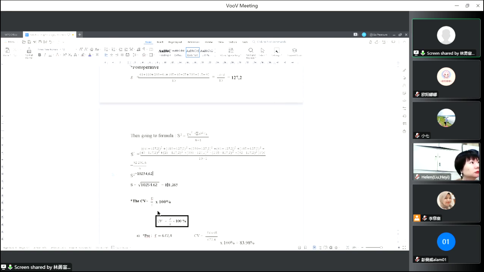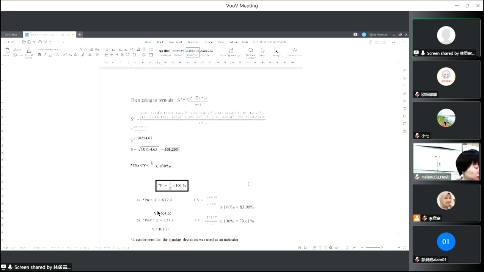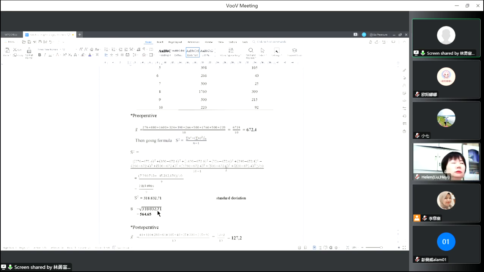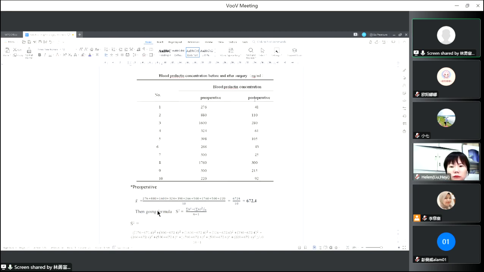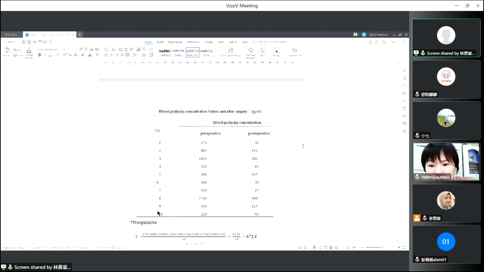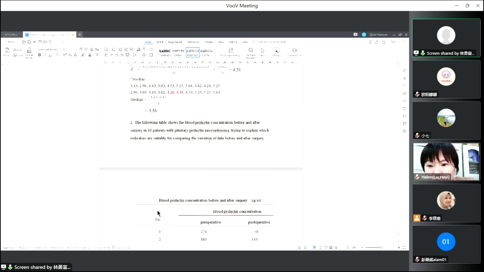The answer is 101.265. After we found the standard deviation of preoperative and postoperative, we continue to the coefficient of variation. Why do we need it? Because the question asks us to compare the variation of data before and after surgery.